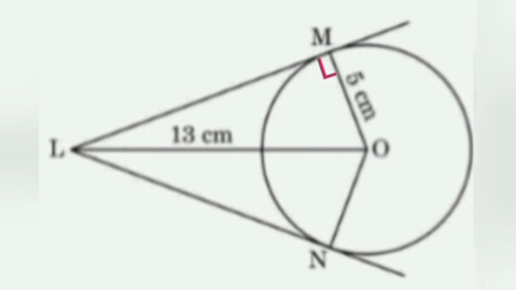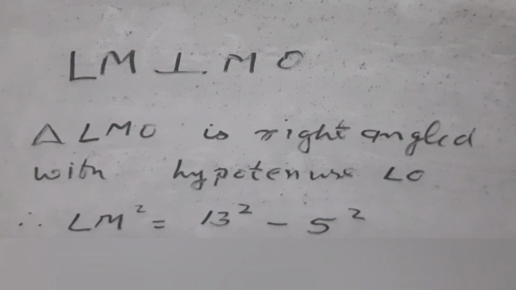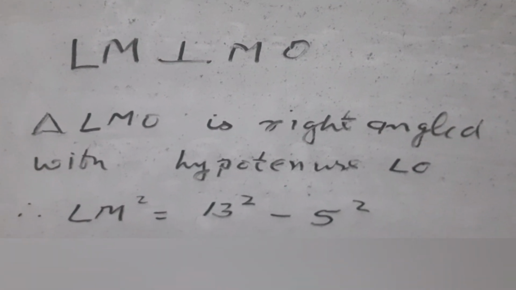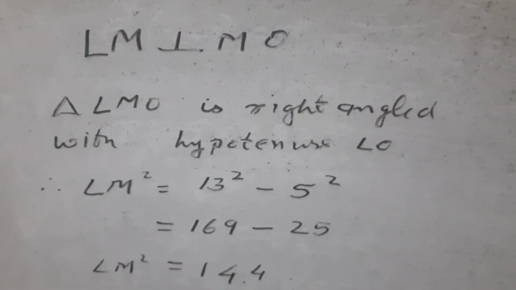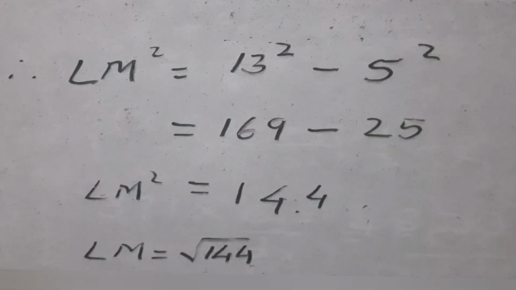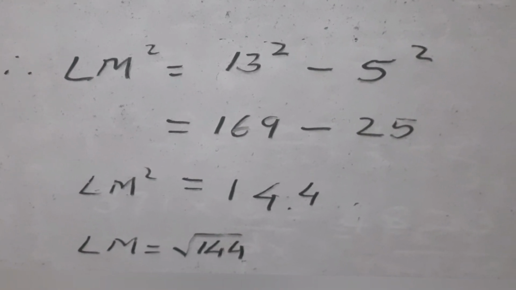Applying Pythagoras theorem in triangle LMO, LM square equal to 13 square minus 5 square. So LM equal to root 144, which is 12 centimeter.